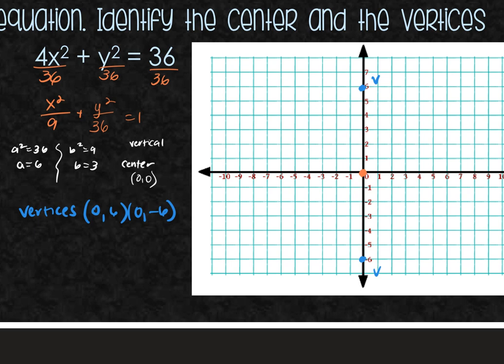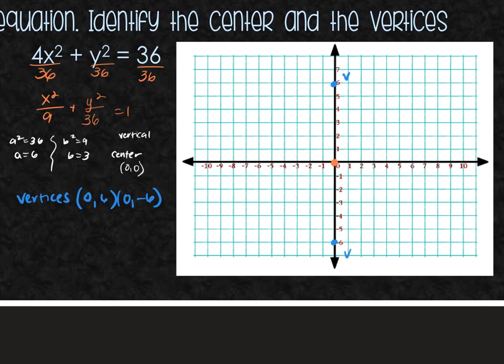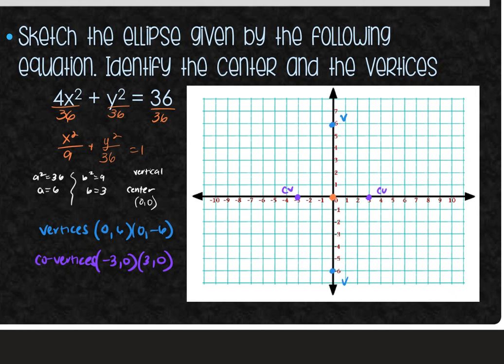Then I go right and left, B, to get the co-vertices, which gives me co-vertices at negative 3, 0, and 3, 0. And from there, you can draw your ellipse.